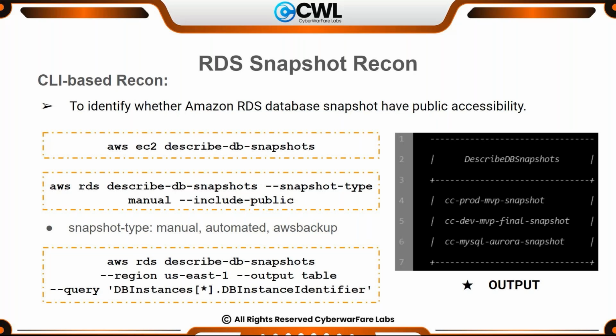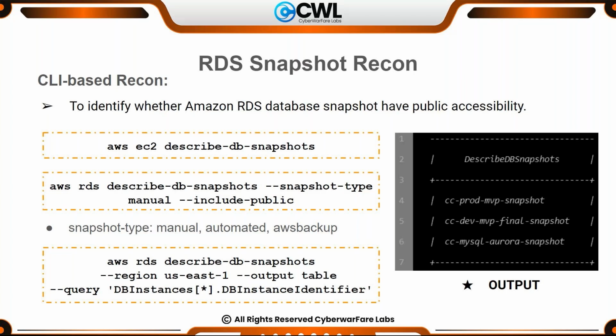So the first command here is employed to list all the RDS database snapshots available in our AWS account. The command's important component is describe-db-snapshots, which retrieves information about all the RDS database snapshots.